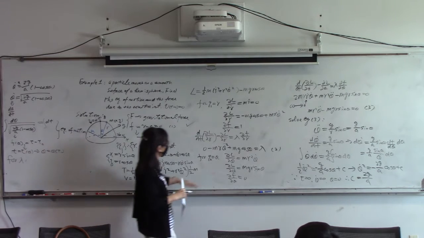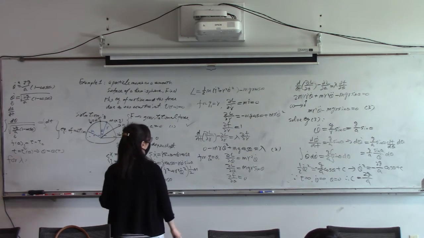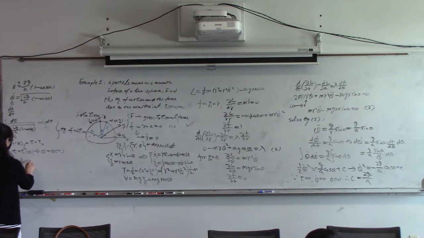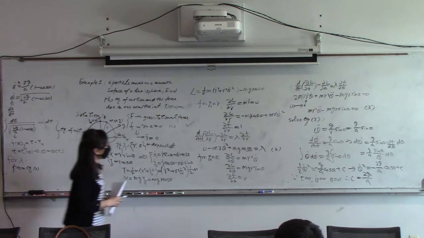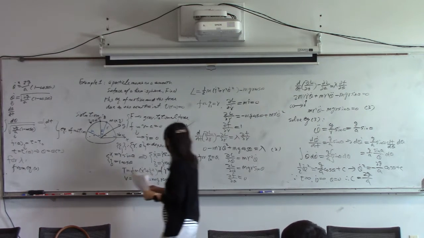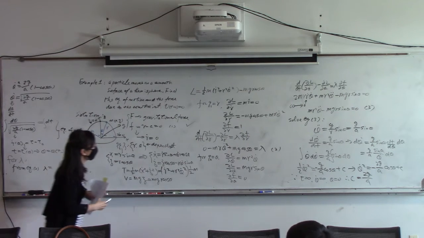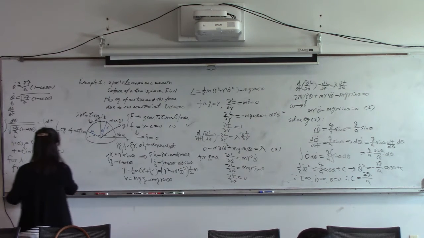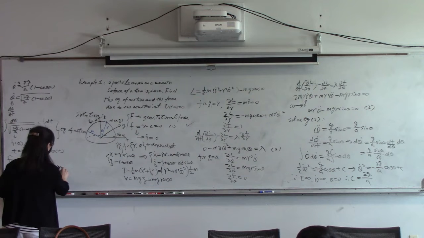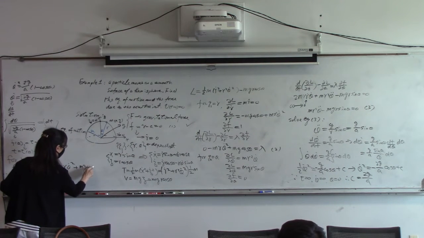The lambda is from equation 2. Previously we solved this from equation 3, now we go back to equation 2. So lambda equals minus m r theta dot square plus mg cosine theta.